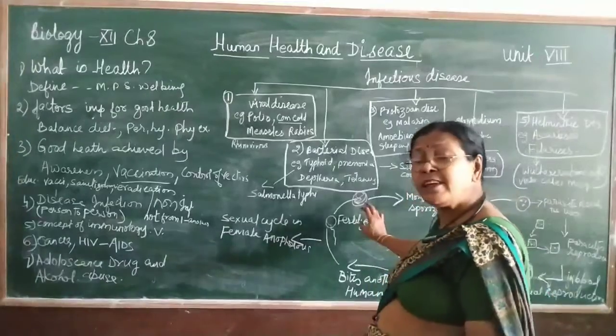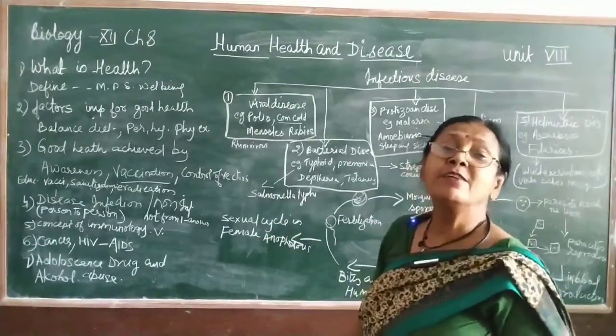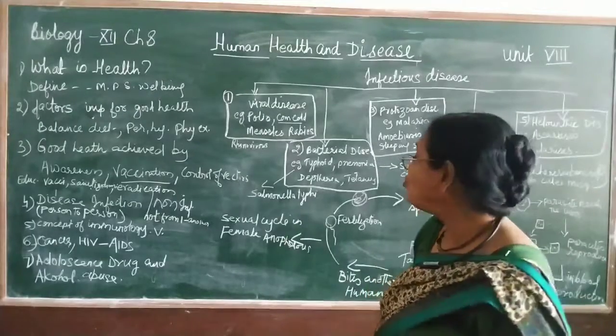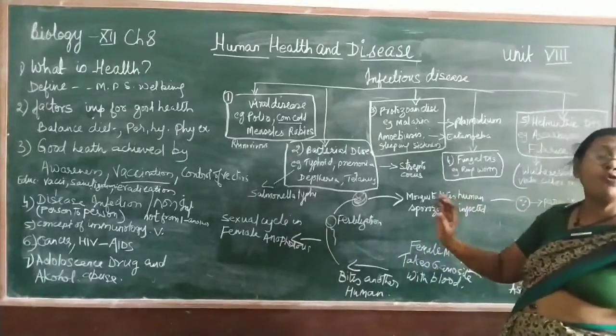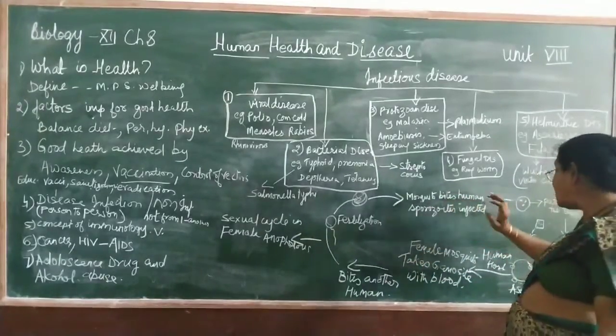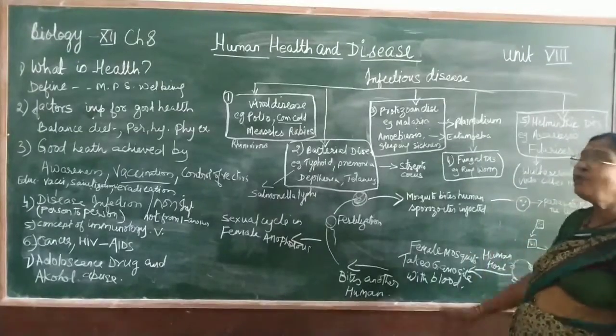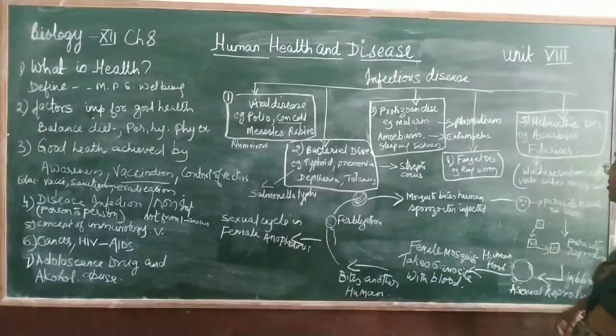And the other one is the human host, that is the man, the vertebrate. So, malaria is caused by two hosts. First the mosquito and then the man. So how this cycle takes place, I will explain to you.